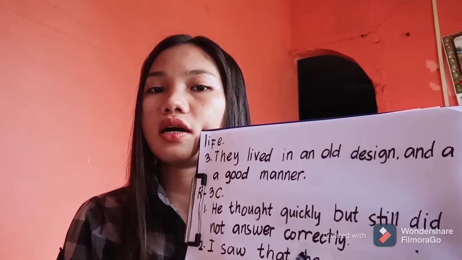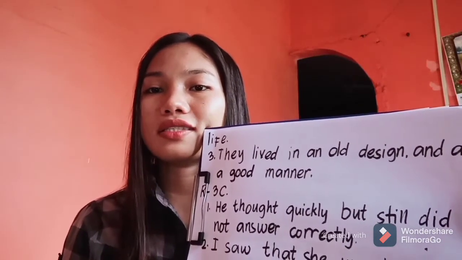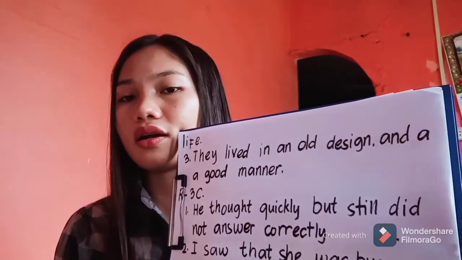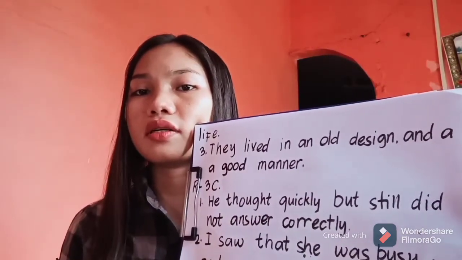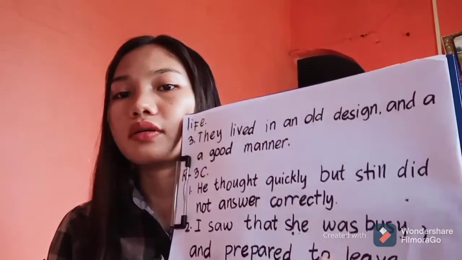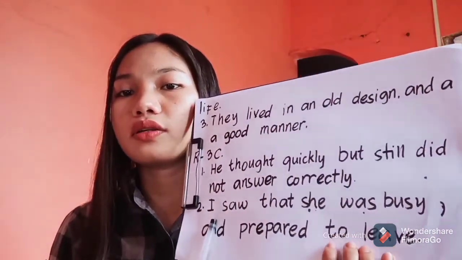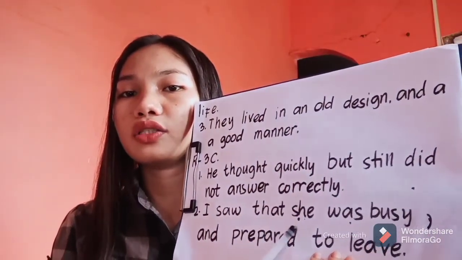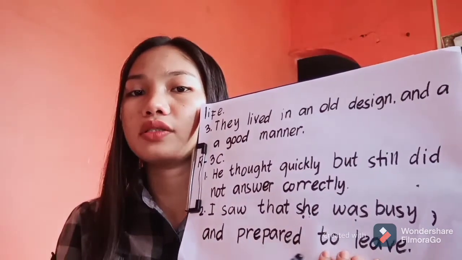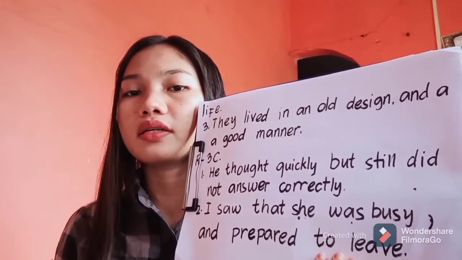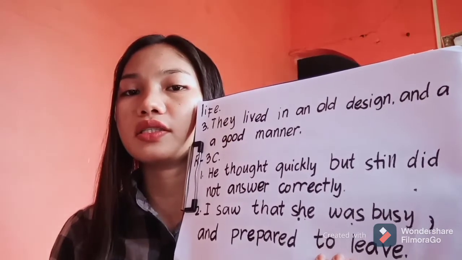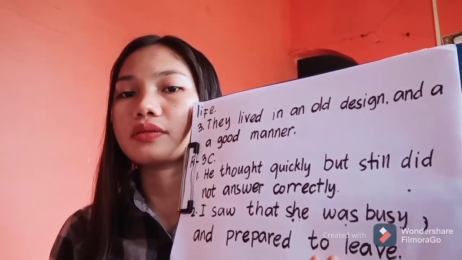I didn't put a comma here because the subject doesn't appear before the second verb. Another example, I saw that she was busy, and she prepared to leave. I put the comma here because the subject appears.